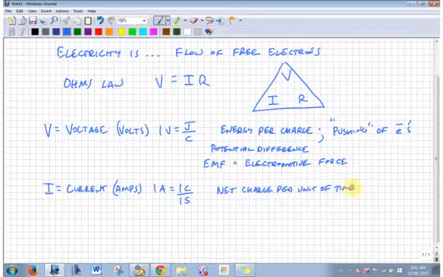Why convert it to anything else? So anything per unit time, like kilometers per unit time, we would call that a speed, right? A rate of speed. This is a rate of flow, or a flow rate of charge.